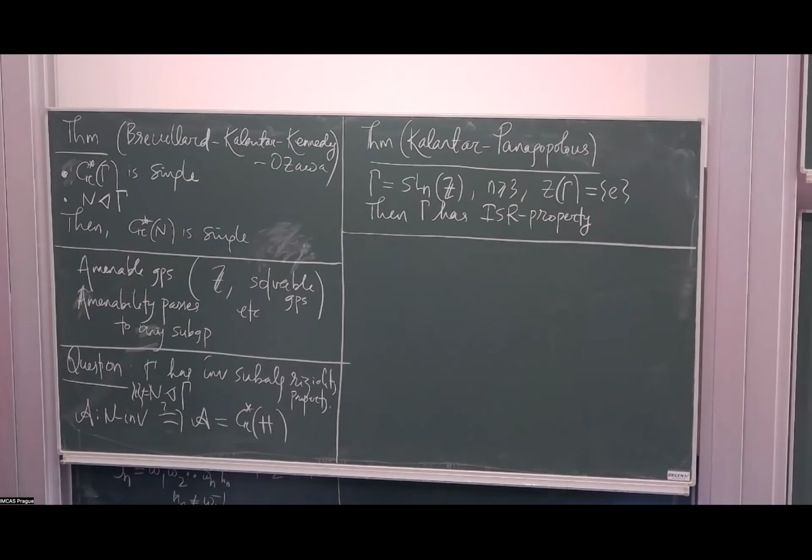Which means that you look at L of SL_n(Z), the group von Neumann algebra, and you pick an invariant subalgebra, then it must come from a normal subgroup. So there are no other non-trivial invariant subalgebras there except the canonical ones that come from normal subgroups.